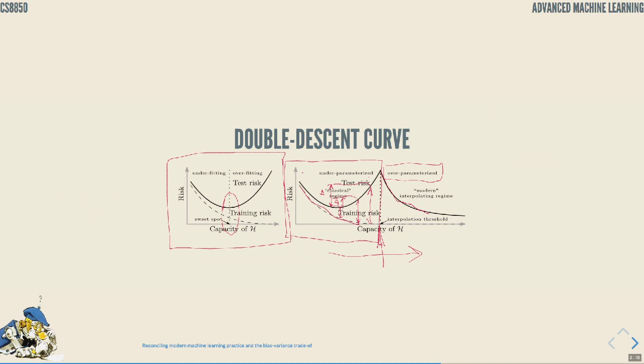Your test error goes down, and, as this figure shows, it is lower than the optimally achievable test error, the generalization error, with the classical approach. So that's it for now.